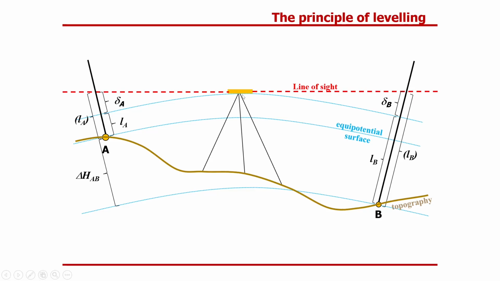While we put our instrument in between these points, and while the distance from our instrument to the back rod and to the front rod are equal, these deltas, delta A and delta B, are also equal. So the whole equation will be delta H, the difference of heights of line AB between A and B points, equals LA minus LB.